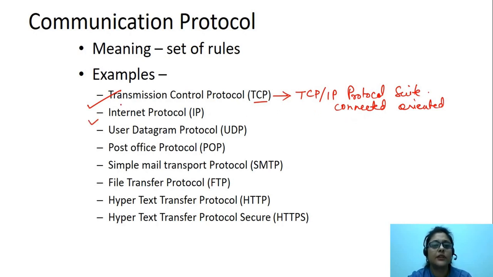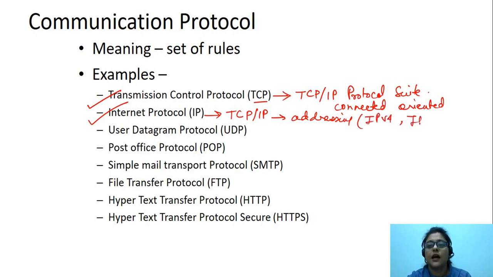Next, we have the Internet Protocol. It is also a protocol of the TCP/IP protocol suite, and mainly it takes care of addressing. There are two types of IP. One is IP version 4 and the other one is IP version 6.